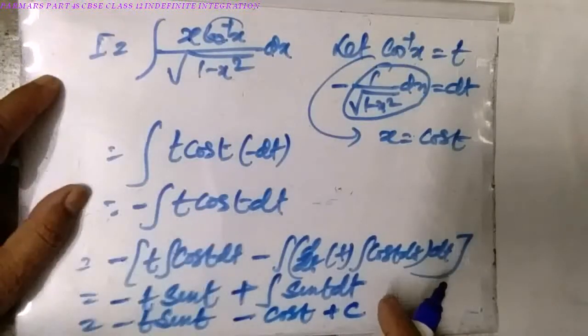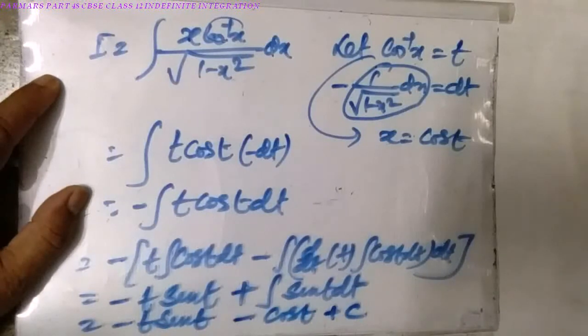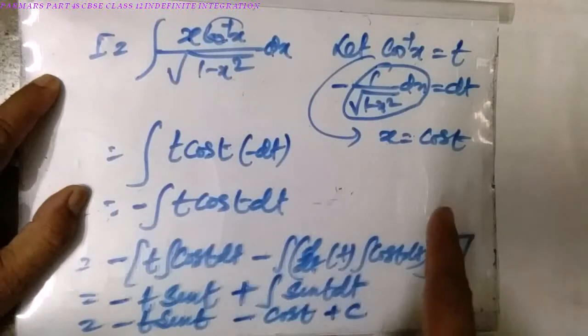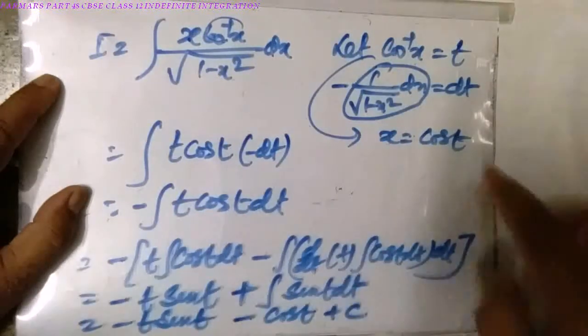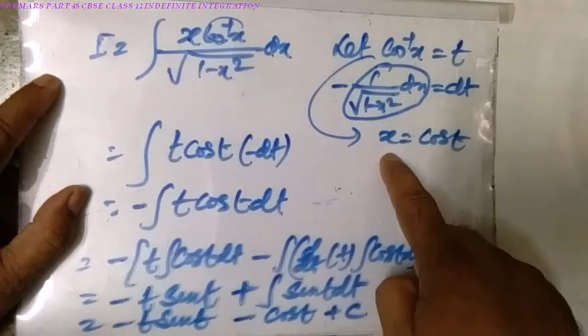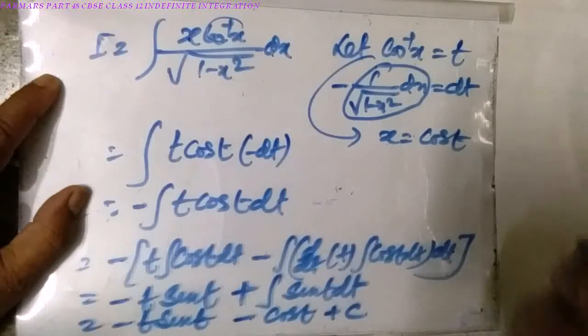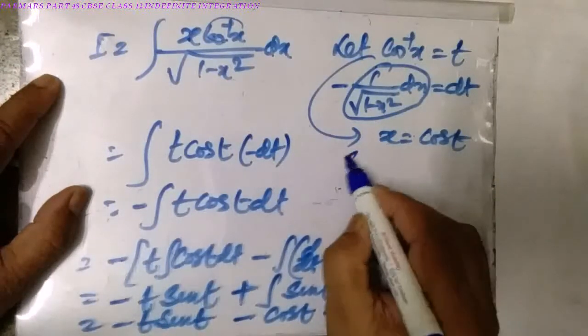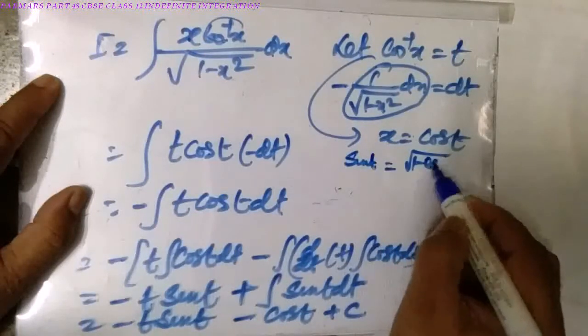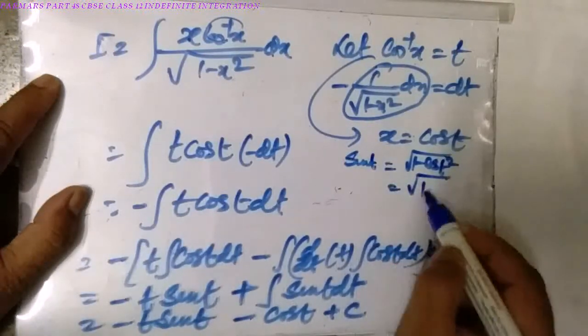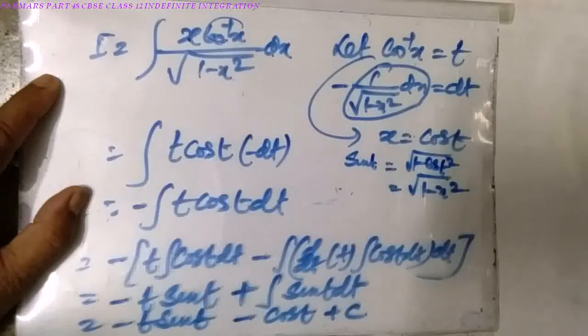Now here don't leave the answer, because t is not our variable, x is, so convert into what? Into x. So wherever t is it is cos inverse x. But what about sin t? Cos t is x, then sin t is nothing but root under 1 minus cos t square, that is root under 1 minus x square, is it not?